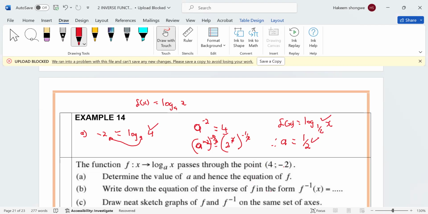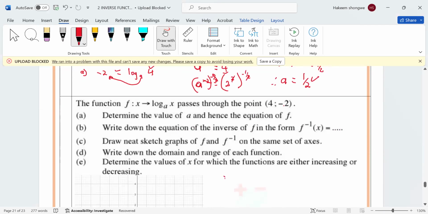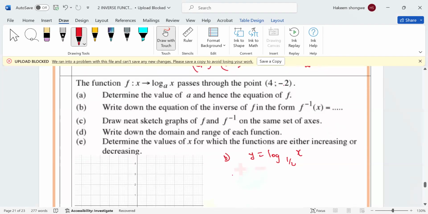Write down the equation of the inverse of f in the form f inverse of x. This one is straightforward. Whatever is x becomes y, whatever is y becomes x. So on number B, we have y equal to the log base 1 over 2 of x. This is f of x. But the inverse says we have x equal to the log base 1 over 2 of y.